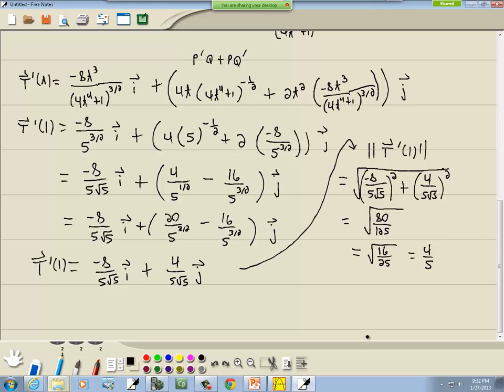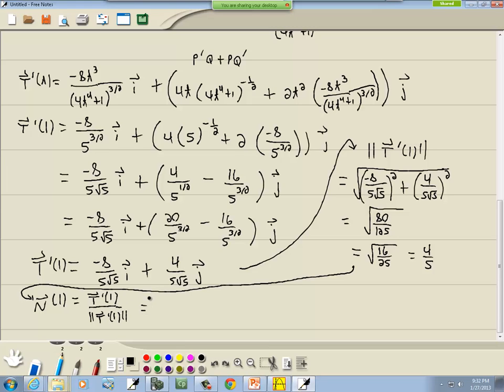And now, to find our N, N of 1 is going to equal T prime at 1 divided by the magnitude of T prime at 1.